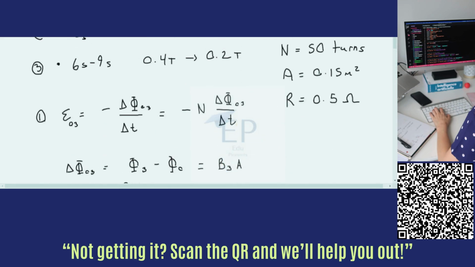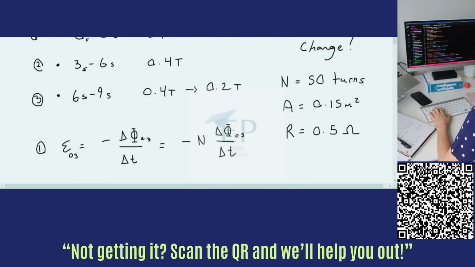Or, if we want to plug those in, we know that the field at 9 seconds is going to be 0.2, and the field at 6 seconds is going to be 0.4.